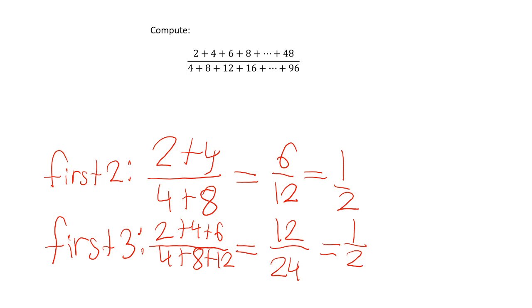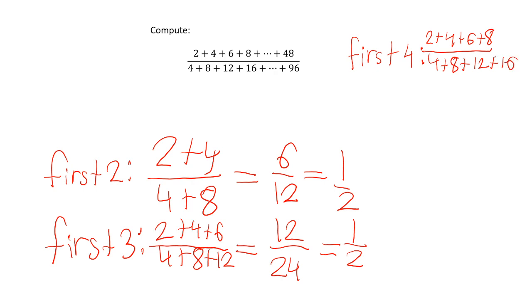Let's compute the first 4 terms. That's 2 plus 4 plus 6 plus 8 over 4 plus 8 plus 12 plus 16. Now this part is 12. 12 plus 8 is 20.